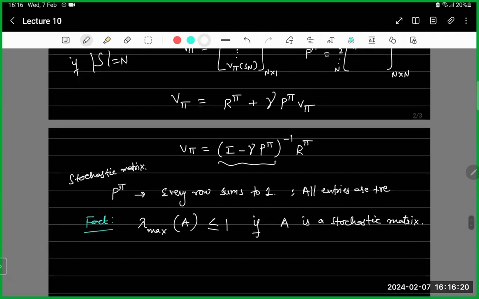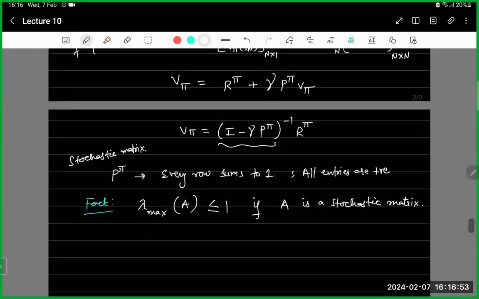If you take any stochastic matrix, in the sense that all the entries are positive and each row sums to 1, then there's a well-known result which says that the maximum eigenvalue of this matrix is at most 1. So if we use this property, then we can show that every eigenvalue of that matrix is positive. We can just show that.